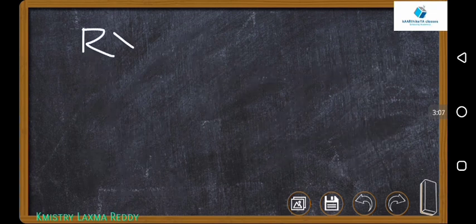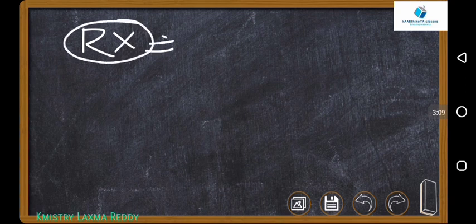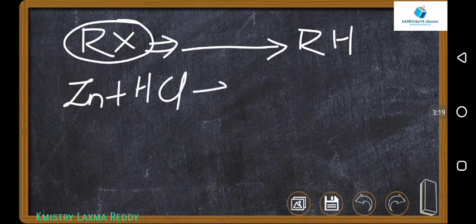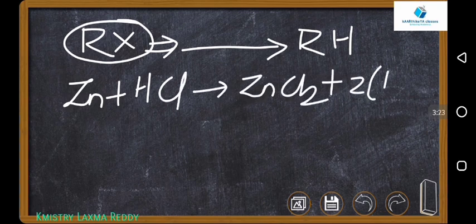Next, from alkyl halides. When these are reduced, they can be converted to RH. You need to add any reducing agent here. What are the best reducing agents? You can use zinc and HCl. Actually, what happens here is ZnCl2 plus 2 hydrogens are formed, nascent hydrogens, which can be utilized for the reduction.